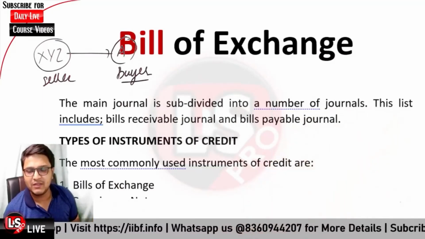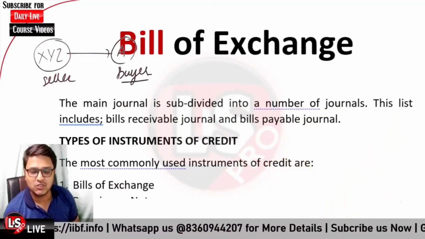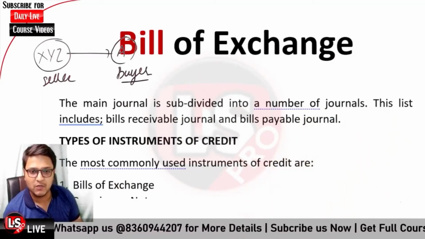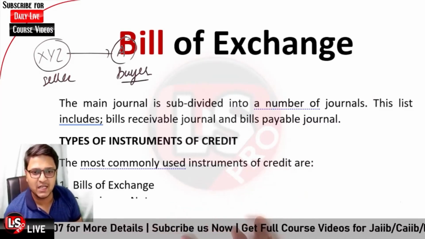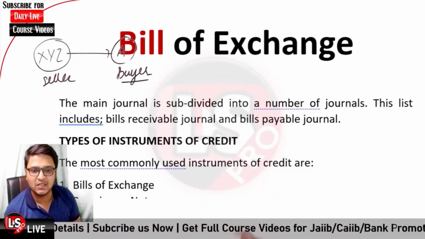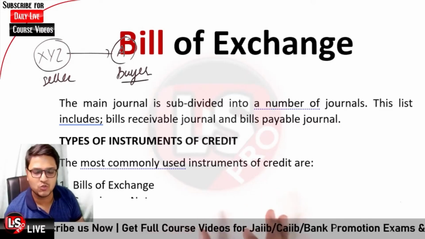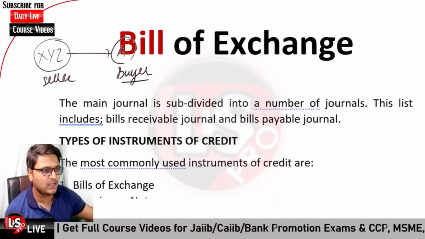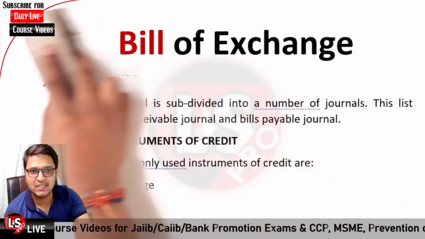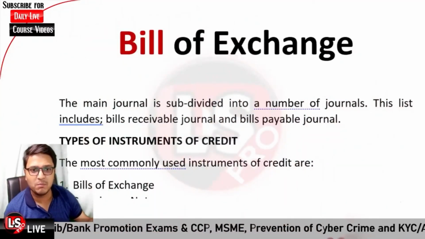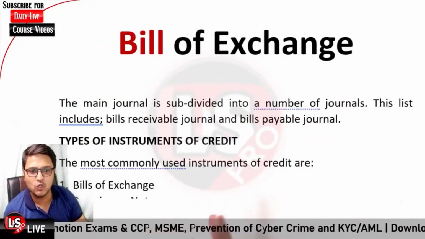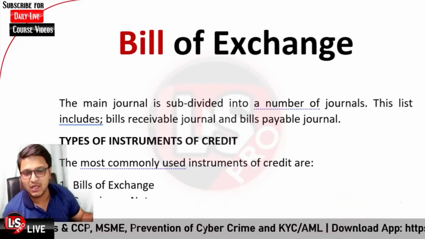Okay, further there are different types of negotiable instruments. Bill of exchange, promissory note, and checks have all been defined in the Negotiable Instruments Act, 1881, and these are the instruments for credit. When we are doing business, it's not always the case that you'll do the sale in cash.